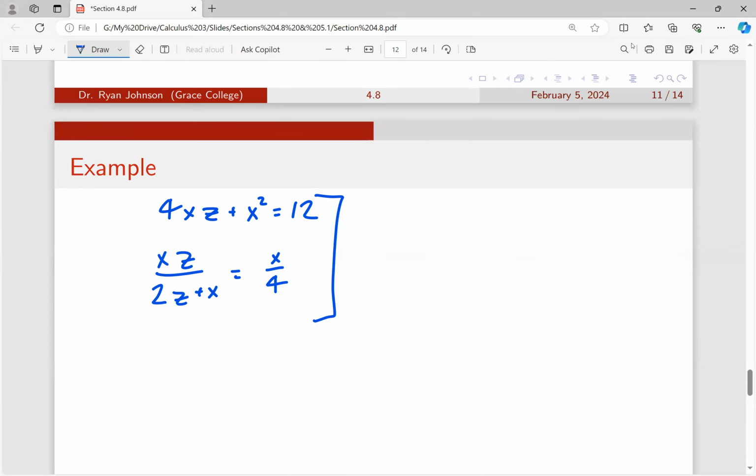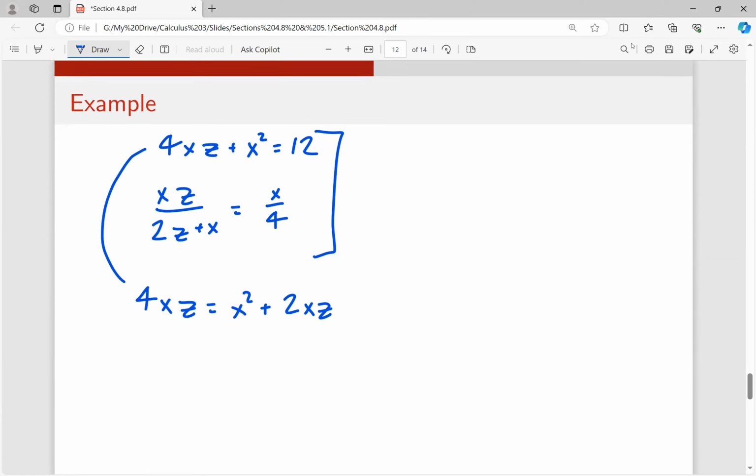So then multiplying by both denominators, I have 4xz equals x squared plus 2xz. Okay, now we're getting somewhere. So let's take these two now and move everything to have zeros on the other side.